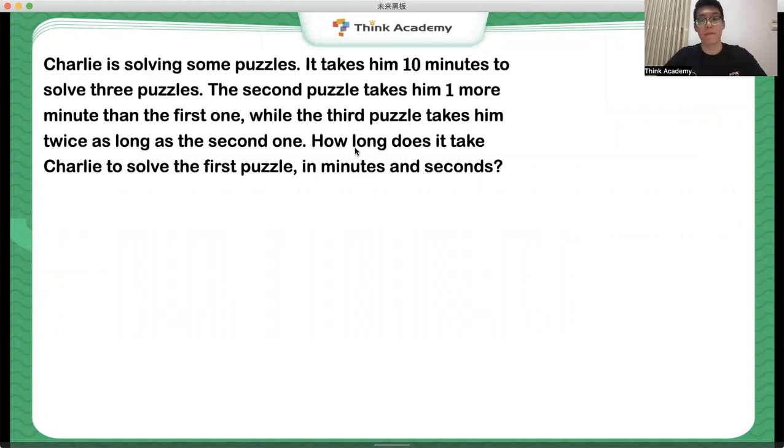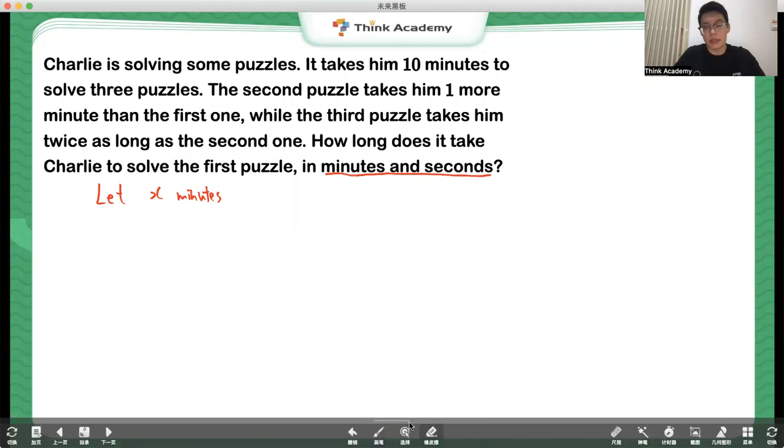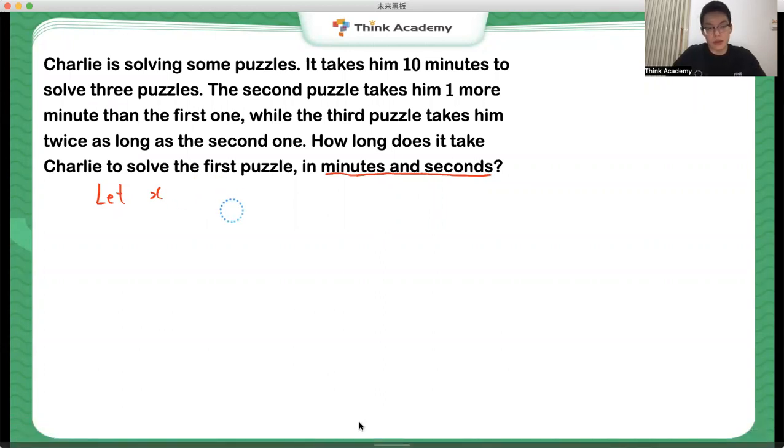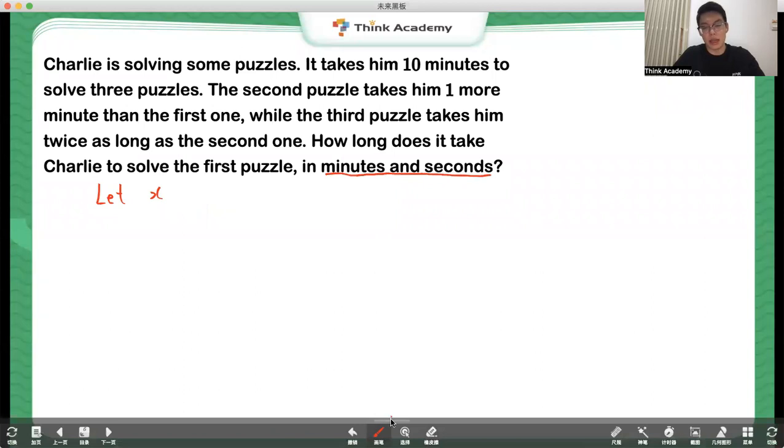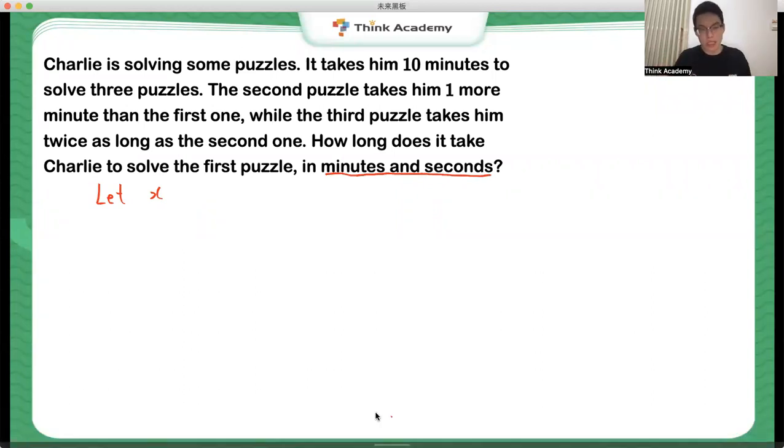Yep. Okay. So if the first one is the smallest, of course, we know what we need to do is to set the first one as the unknown. So we can say let x minutes, or because the question says minutes and seconds, probably I think the safer way is to let it be some seconds, unless you want some decimals coming up, which of course we don't want.